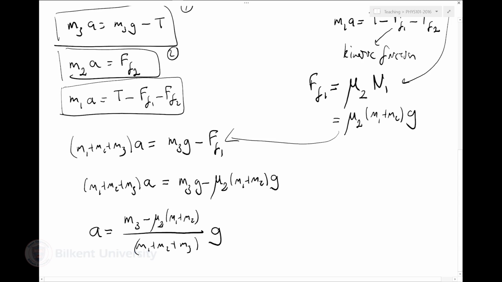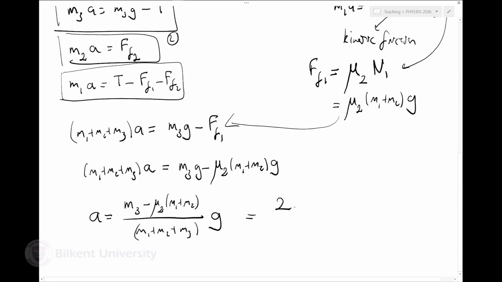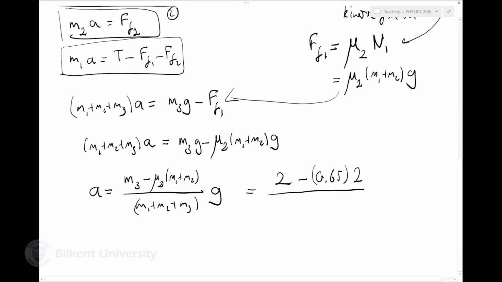Let's find the numerical value here. Everything was given. M3 is 2 kilograms. Mu2 is 0.65. M1 plus M2 is 2 again, divided by 4, and G is given as 10.